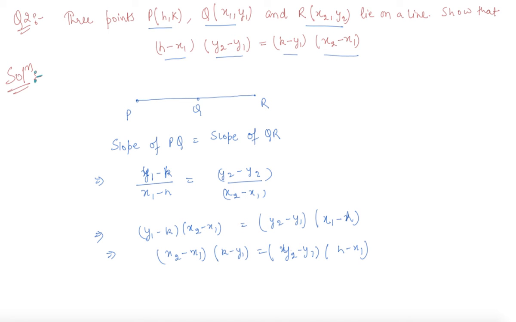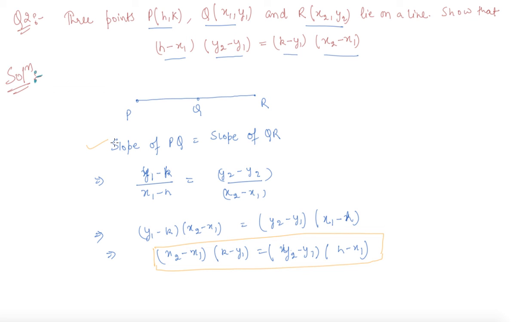So this is what we want to prove, students. Okay, so these are the types of questions which might come into the exam, and you need to be very specific while solving the questions, like how to proceed for these types of questions in which we need to equate the slopes of the points.